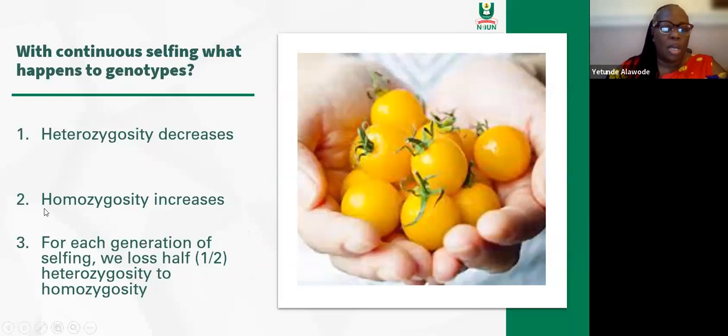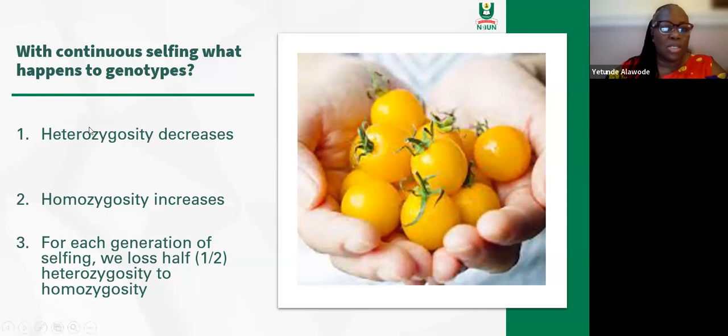So what happens to the genotype when you continue to self? When you get your F1, you self it to get F2, you self to get F3. So when you continue to self, what happens? The first thing that happens is that heterozygosity will decrease, because it is tending towards one genotype.